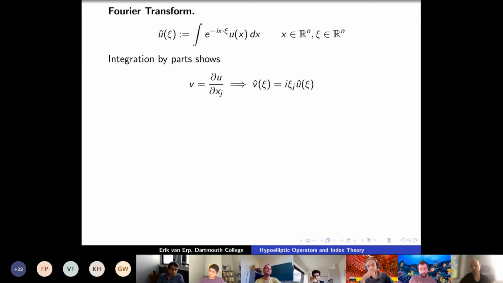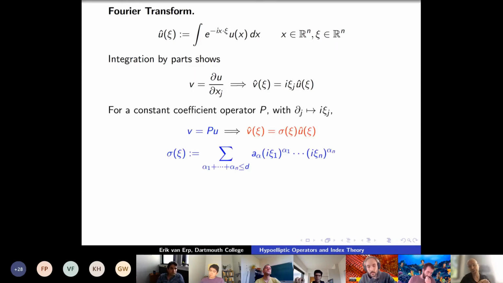So you can think of this as a group algebra. You have an element in the group algebra, and it's represented by a scalar in each representation. And then d/dx, so this is essentially what we're doing here. A constant coefficient operator is an element in the universal enveloping algebra of the Lie algebra of Rn, which is also Rn. The symbol sigma is just its representation.